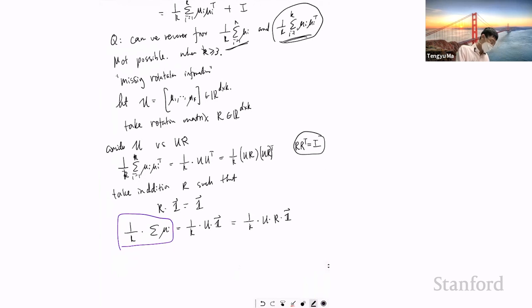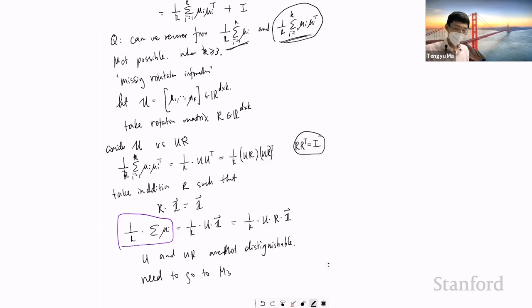So U and UR are not distinguishable, because they exactly match the first moment and second moment. That's why we need to go to M3 to uniquely identify the columns of U.